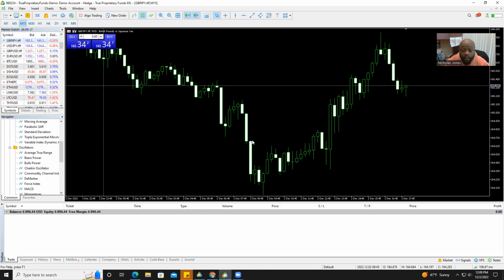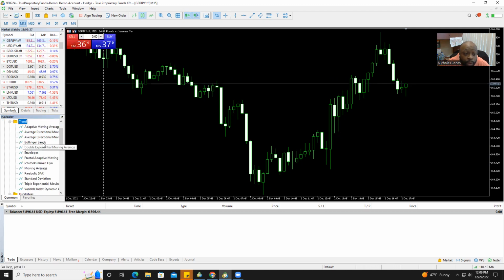All right, so we have a bare bones chart, GBP JPY. So we're going to go over to the left side of the screen and find our moving average. It will be within the trend area of our indicators. So we go to trend, find our moving average, drag it to the screen.